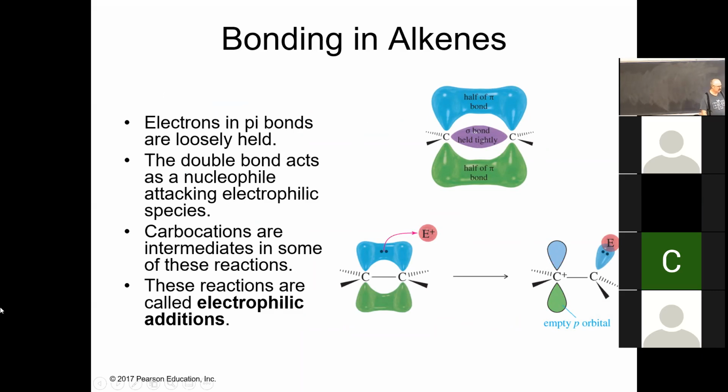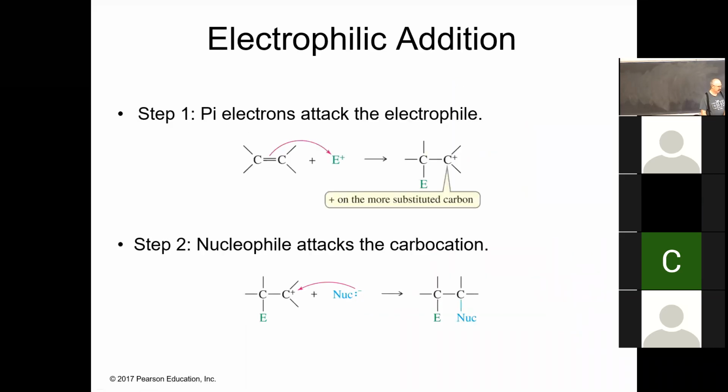Okay, here's the basis for the reaction of alkenes, and that is this pi bond. Because of the pi bond, we have an electron-rich region, and the pi bond will attack electrophiles, electron-deficient species.